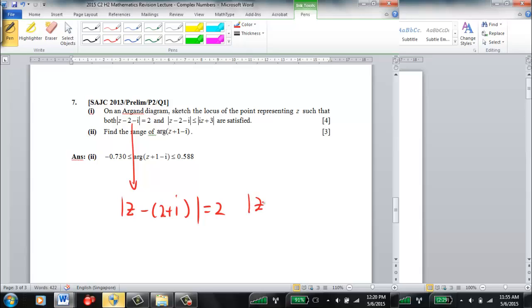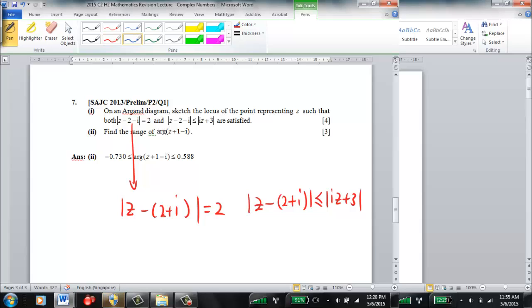perpendicular bisector with a region because of the inequality, centered about 2 plus i, less than or equal to |iz plus 3|. But the |iz plus 3| is a problem because that is not a format that we have in a perpendicular bisector, because I need it to be z plus a, right? So we've got to take out the i as a common factor.